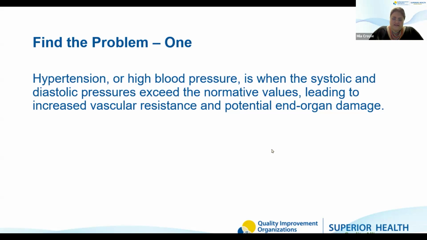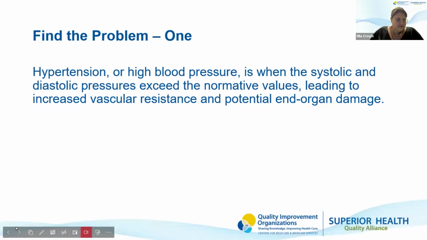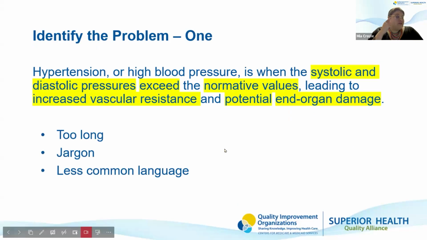All right, so let's see here. I don't know why my slide won't advance. Here we go. All right, so yeah, this is kind of what we worked up to. So his systolic and diastolic pressures exceed. That's a fancy word, right? When a simple one could do.